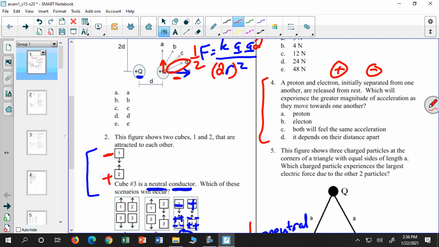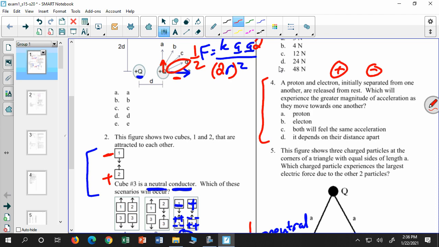But don't forget that your proton has more, less, or the same mass as an electron. A lot more, right? What is it, like 10 to the minus 31 for the electron, I think? It's a lot. It's like 10 to the 10th times more massive.